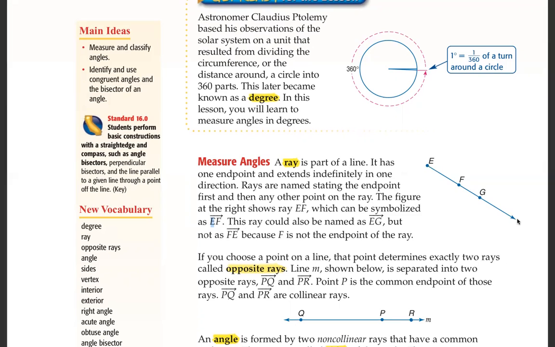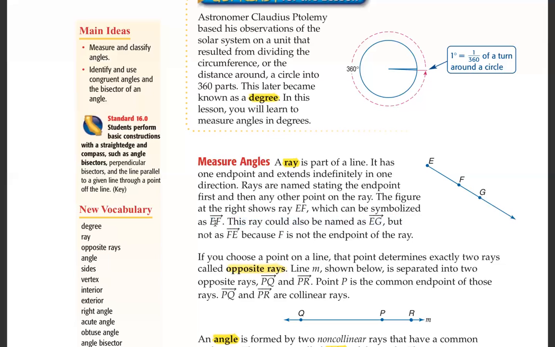So you can name it as ray EF or ray EG, but not as ray FE, because F is a point and you're going toward another endpoint. If you want just FE, it can also be line segment EF, but not with the ray symbol on top of F and E.